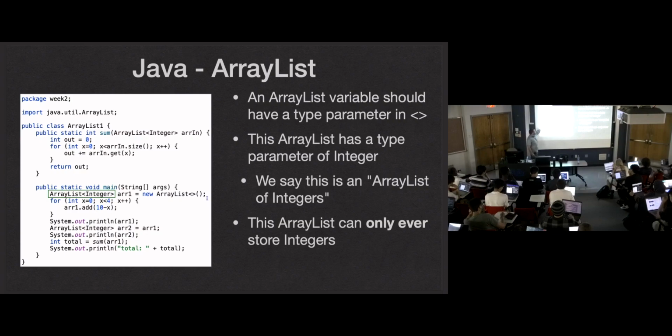So you don't just create a variable of type array list, you create a variable of type array list of some other type. So this is going to be an array list of integers, which means this array list can only ever store integers, ever. Can't put anything else in this array list except integers. If we try to put a string into this array list, we're going to get an error. It's not going to work.